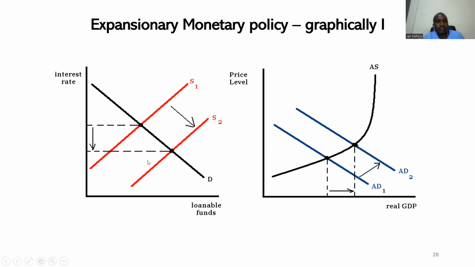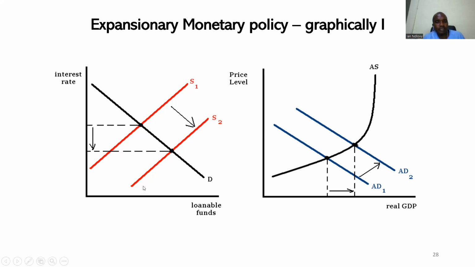So the first panel, where my cursor is, has the money market conditions, where we've got interest rates on the vertical axis and loanable funds on the horizontal axis. So as money supply increases, the interest rate declines from where my cursor was to where my cursor now is.